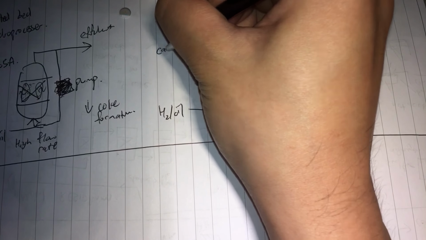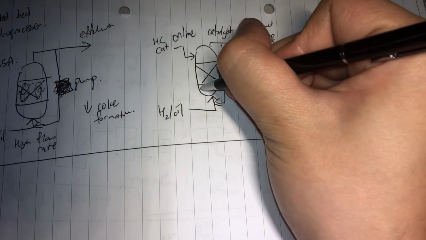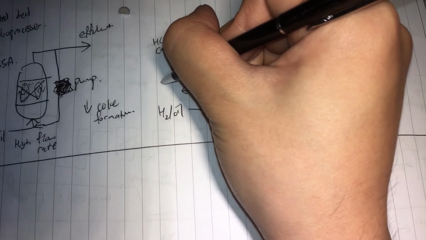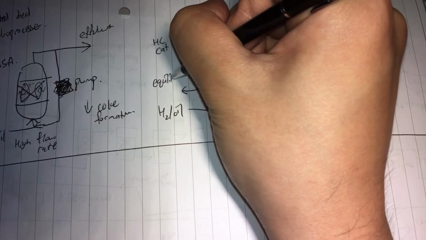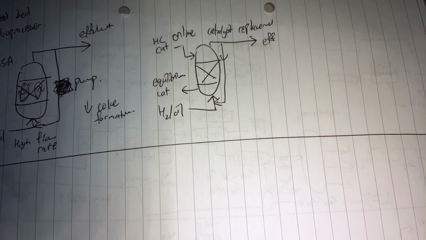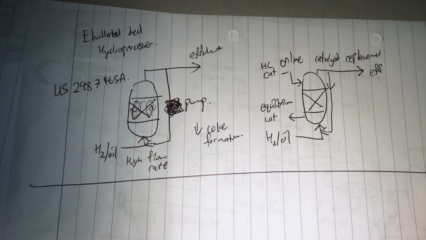You can put some of the fresh hydrocracking catalyst in, and you can take some of the old catalyst, or they call it the equilibrium catalyst, you can take some of it out. This is just the idea of online replacement, so that you don't have to shut down the entire reactor to keep your unit running.